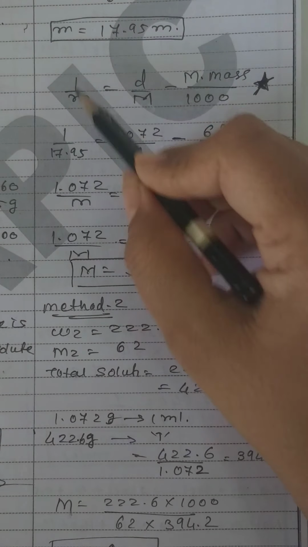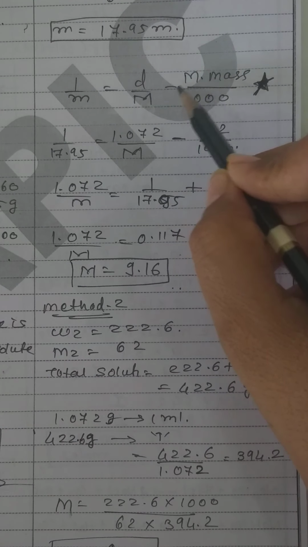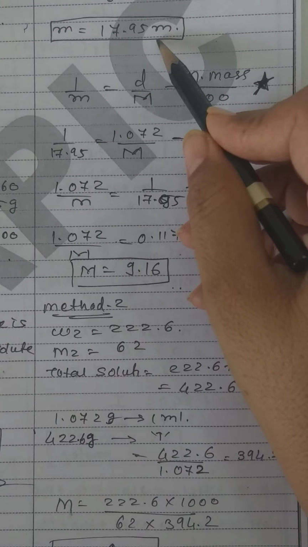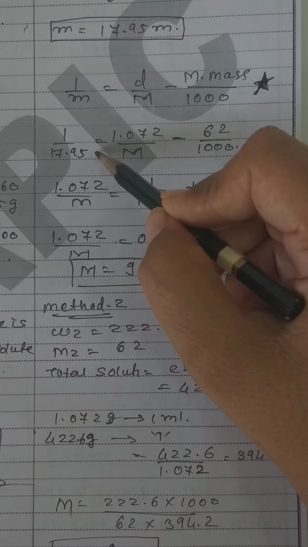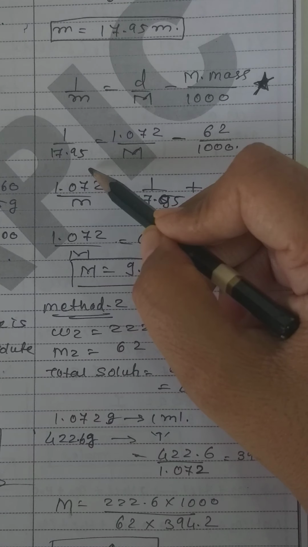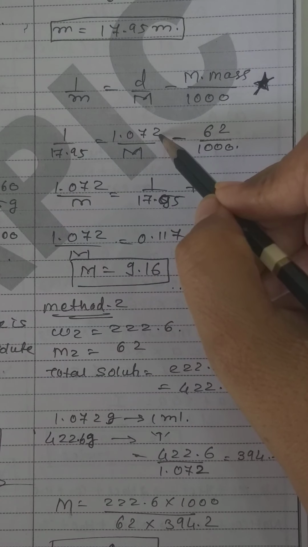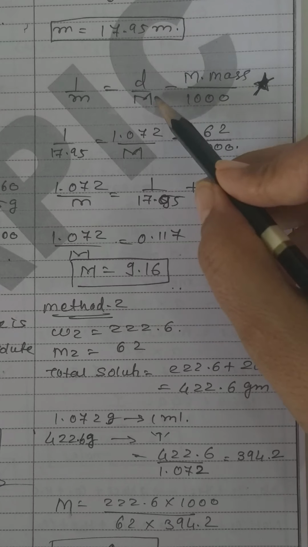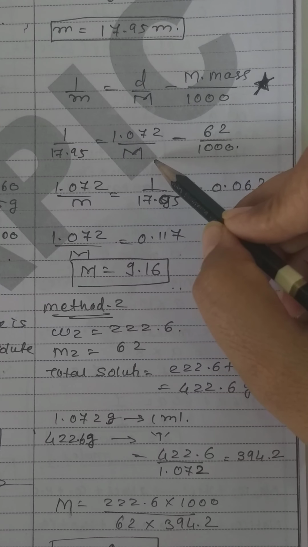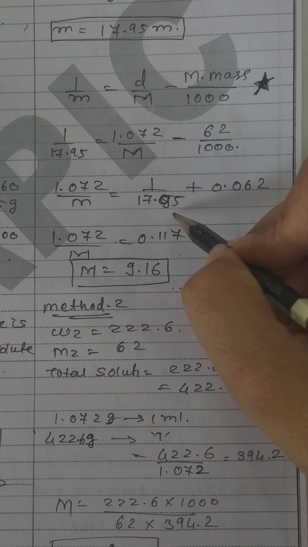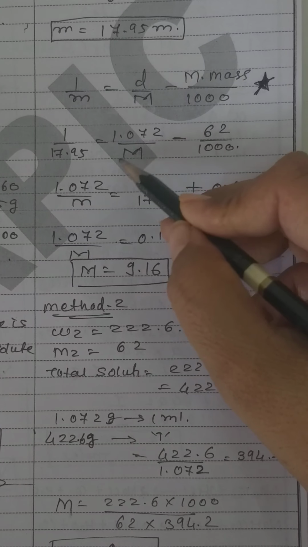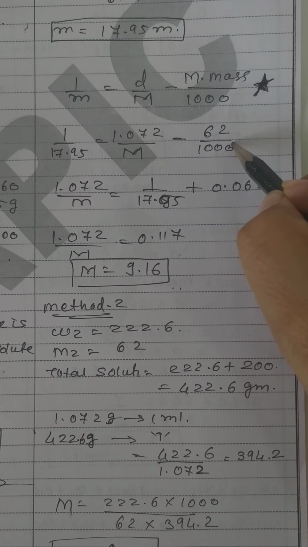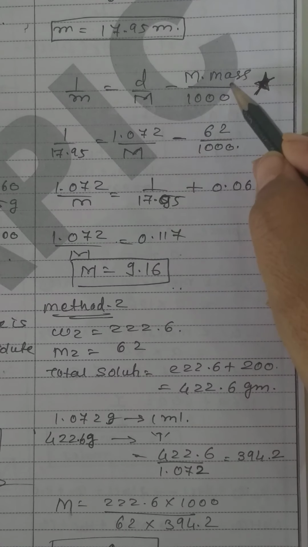What is the formula? 1 upon molality is equal to density upon molarity minus molecular mass upon 1000. 1 upon molality we calculated, that is 17.95, is equal to 1.072, that is density given in the question, upon molarity, which we want to find, minus 62, that is molecular mass, upon 1000.